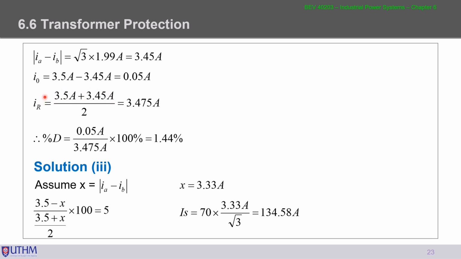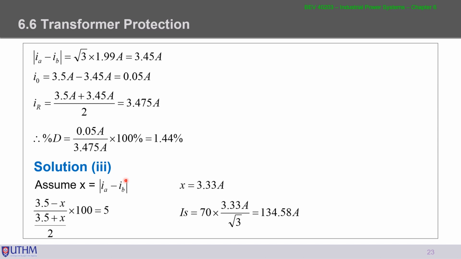So we have to total up the primary and secondary side and divide by 2 to get the average value, which is equal to 3.475 A. Then we have to measure the percentage, the differential percentage. The differential percentage is equal to IO, which is I operating, divided by IR times 100, which is equal to 1.44%.